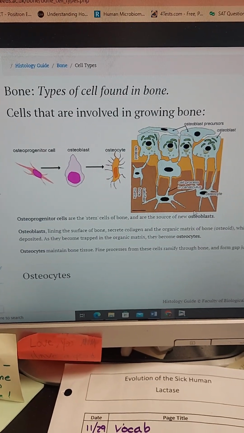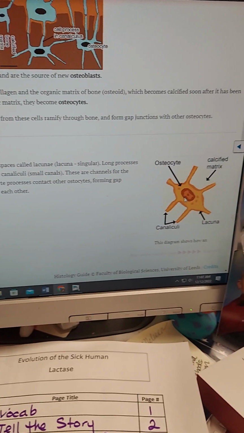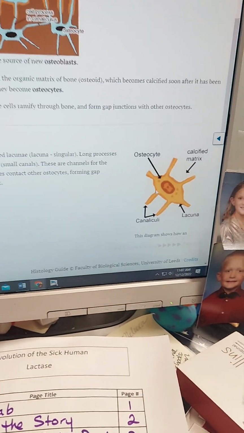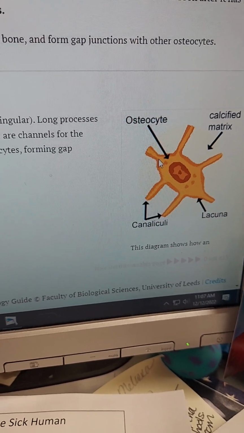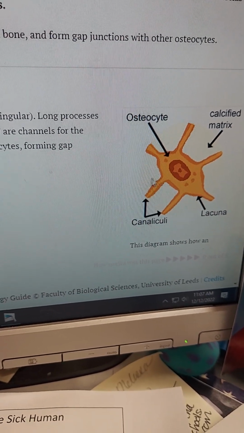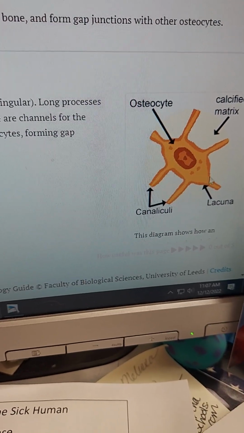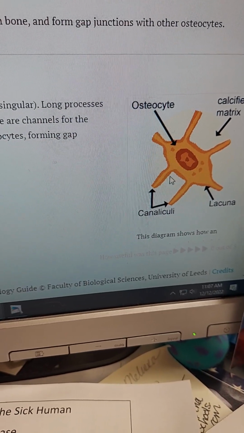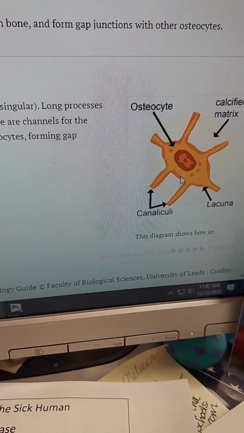And a bone cell or an osteocyte, that's one of my favorites. I like to come down here. A bone cell here. The big thing about a bone cell, think about putting somebody in a vat of cement. A bone cell can't exist in a vat of cement. It's got to be able to bring things into the cell and out.